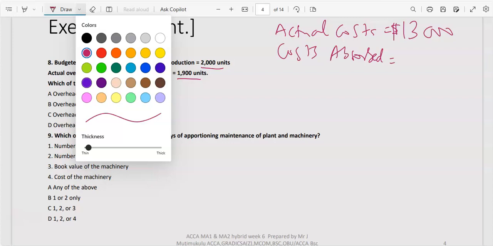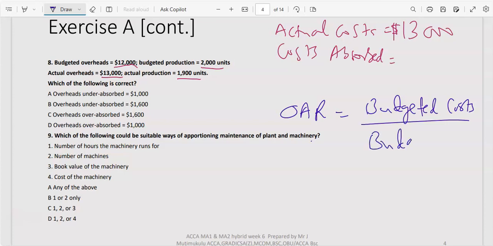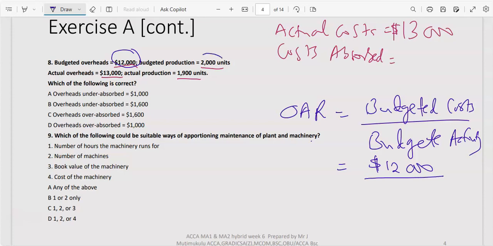The overhead absorption rate is given by the formula: budgeted costs over budgeted activity. In this case, the budgeted overheads were $12,000 and the budgeted activity was 2,000 units.